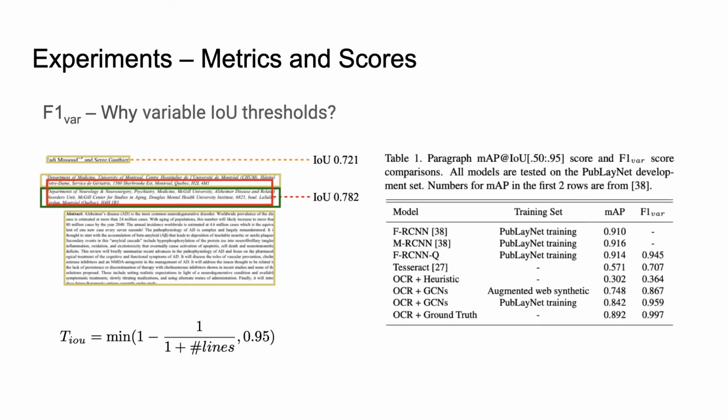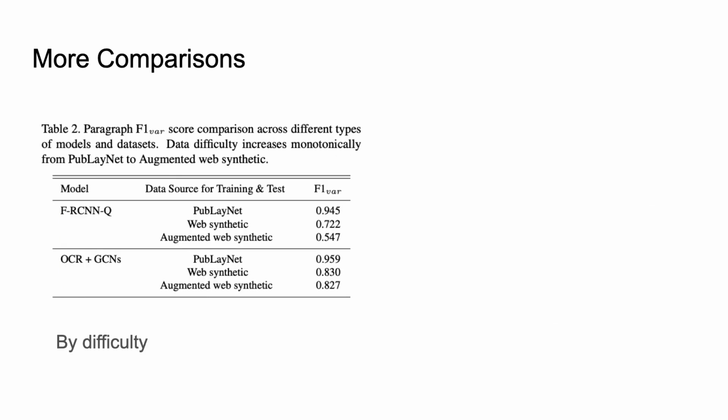We run a group of models on the PubLayNet set, and the F1 score indicates that GCN approaches are pretty good. While the scores on PubLayNet may be very close, when we increase the difficulty of the dataset, like more variations on layout styles and further augmentations, the detection model degraded very quickly, while our GCN models can maintain a good performance.